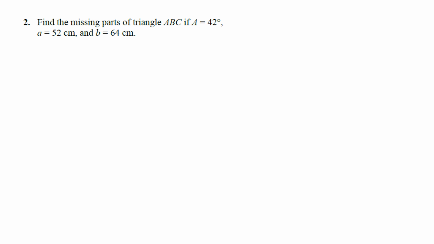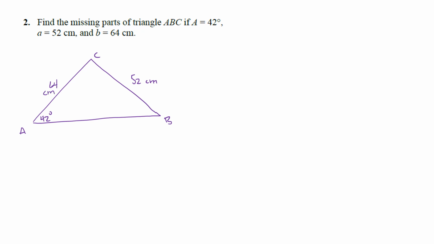So just like in the last problem, let's draw a triangle to help us visualize this. So A, B, C. A is 42 degrees. Side a is 52 centimeters. This side is 64 centimeters.